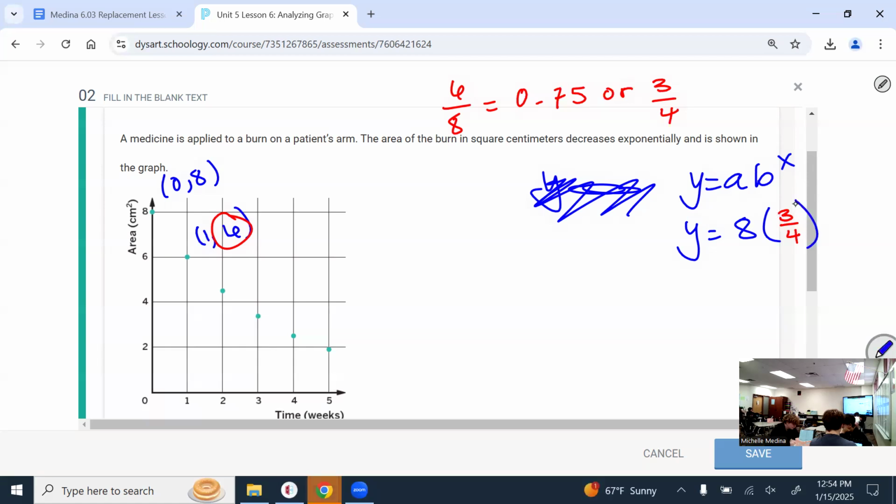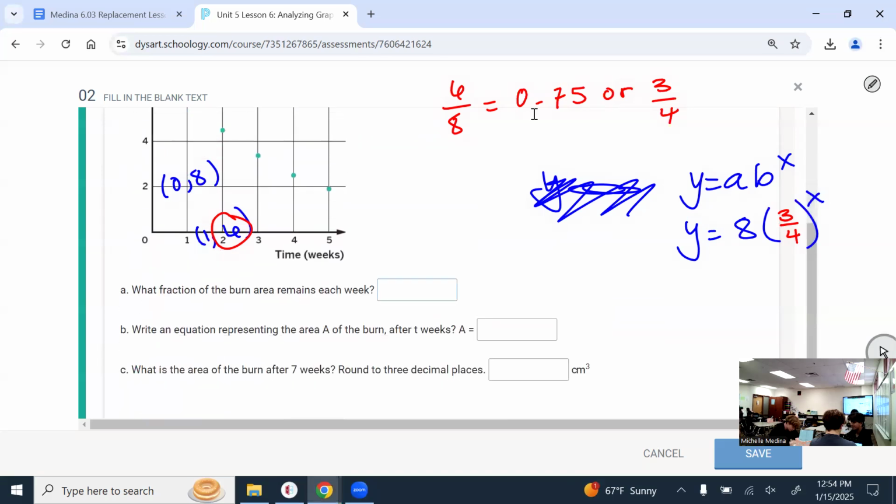And this is my equation. So when it comes to these questions, what fraction of the burn area remains? We've talked about what b is. Is b what we are keeping or what we're losing? It's actually what we're keeping.